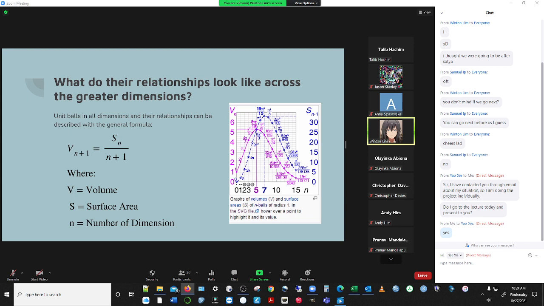And this is just a basic relationship and what the nth sphere would look like essentially in greater dimensions. And yeah, do we have any questions?